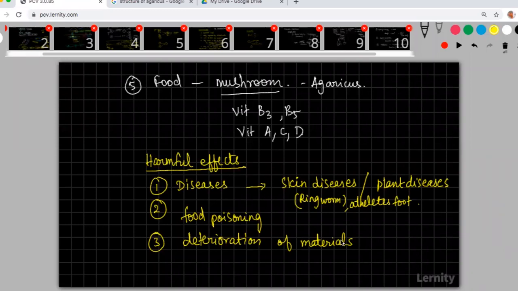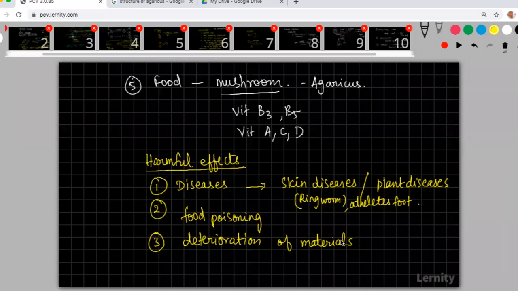So what will it do? It will try to reduce the life of those things. In your leather belts and leather shoes, you will see some growth. They will try to use the leather and eat it. So that way it is uneconomical, because it is deteriorating the substance. When fungus grows on wood, wooden items will get deteriorated. If a person is living in a very moist place, this will happen.